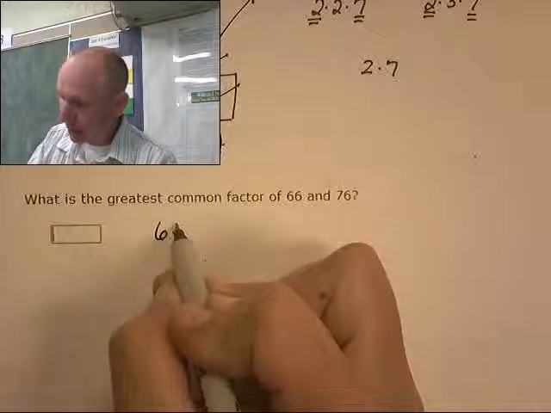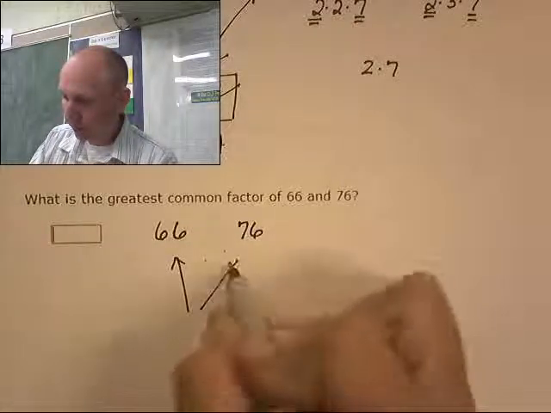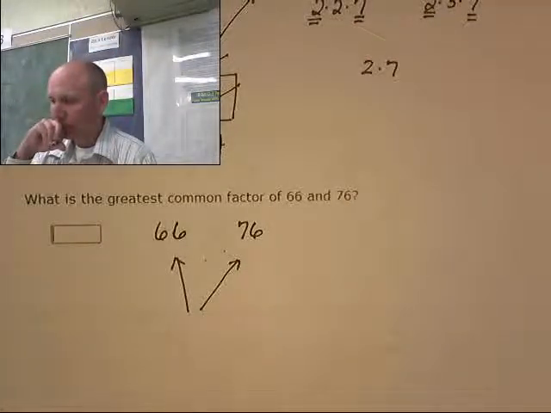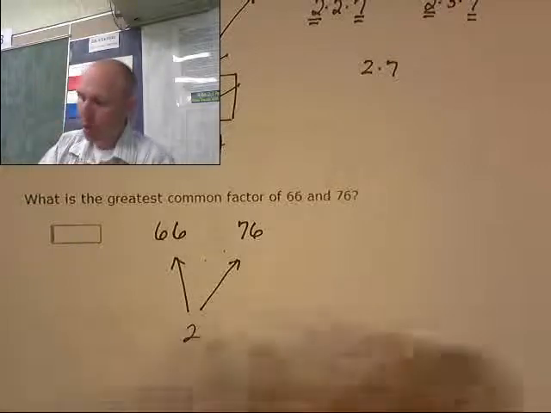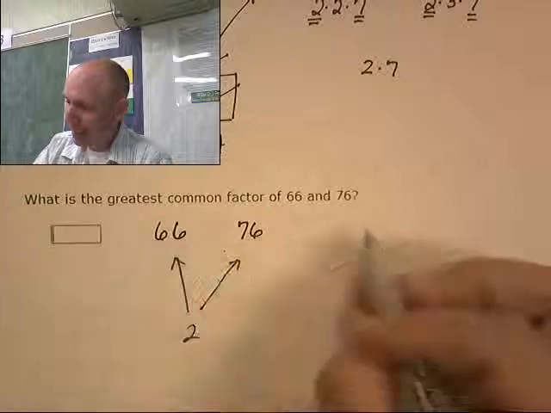And what is the greatest common factor of 66 and 76? Okay. 66 and 76. I know that a 2 goes into it. Anything bigger? I'm going to break it down. This is 66. That's 6 times 11.